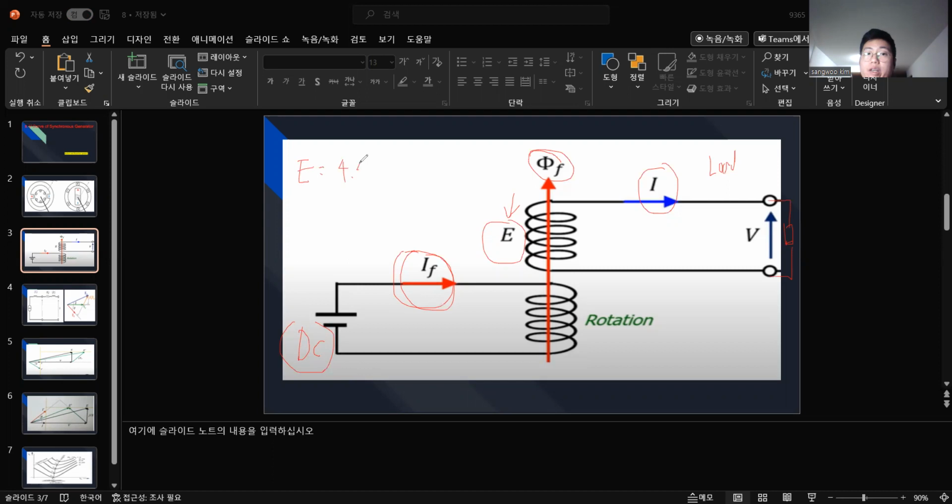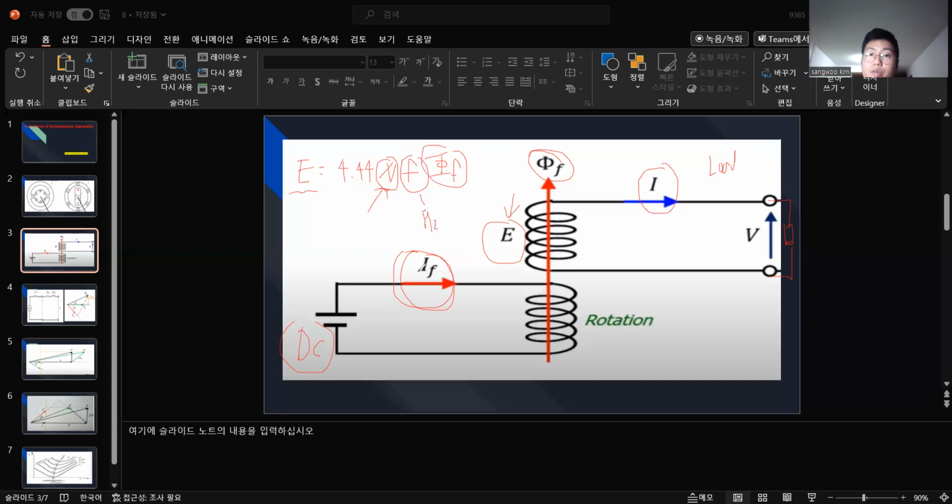Later we will learn this, okay? Just the result: the magnitude of E is 4.44 N f Φ. N is the number of turns in the winding, and f is the frequency in hertz.